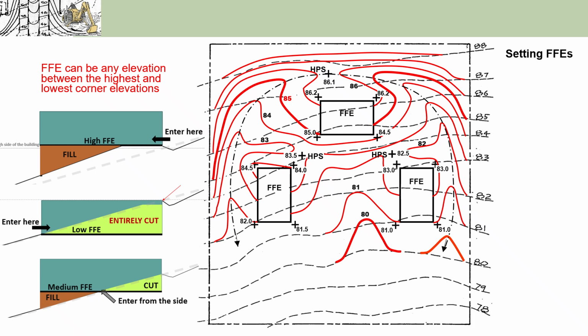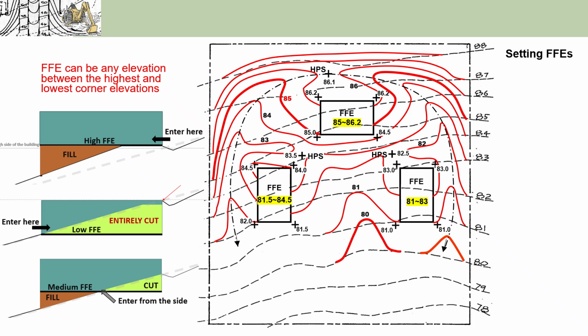So for the upper building, your FFE can be set as any elevation between 85 and 86.2. For the left building, any elevation between 81.5 and 84.5. For the right building, any elevation between 81 and 83.